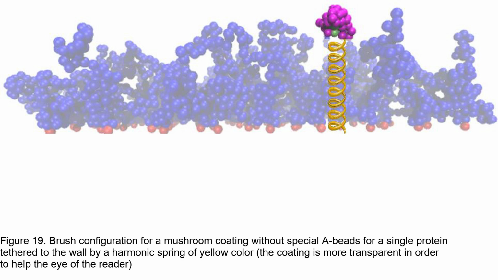Figure 6 shows the effect of the grafting density of the polymer coating on the rate and percentage of protein adsorption. Figure 7 demonstrates the influence of the hydrophobicity ratio on protein adsorption. Figure 8 examines the impact of the position of attractive A beads within the polymer chains on protein adsorption. Figure 10 analyzes the effect of the presence of ligands on protein adsorption.